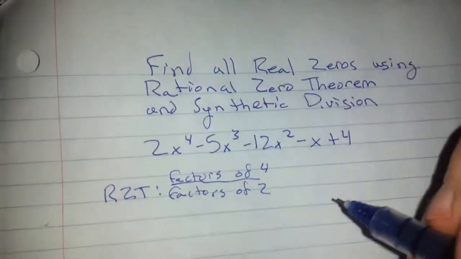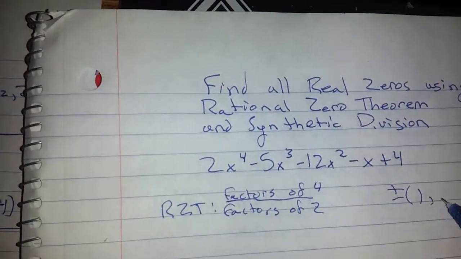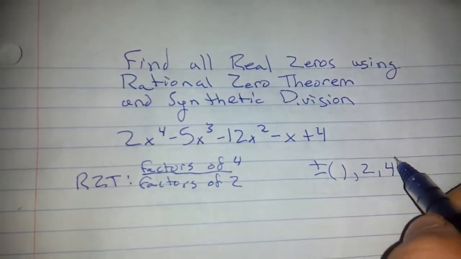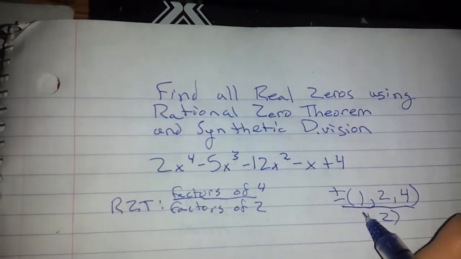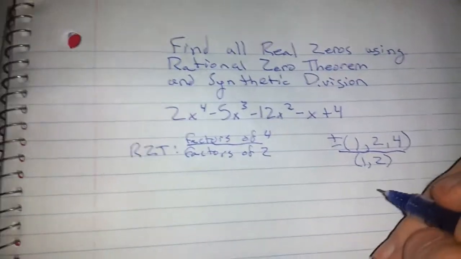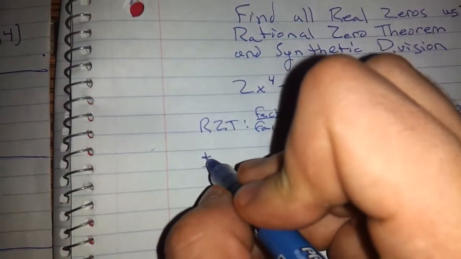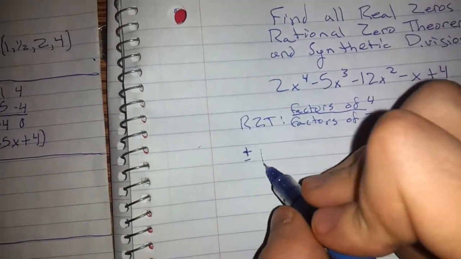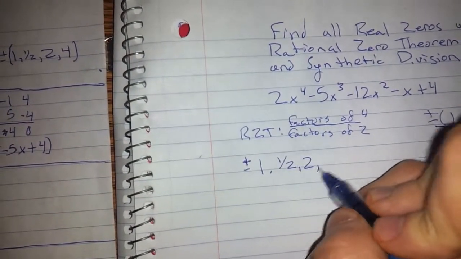Okay, and the factors of 4 are 1, 2, and 4. And factors of 2 are 1 and 2. This comes out to be plus or minus 1, 1/2, 2, and 4.